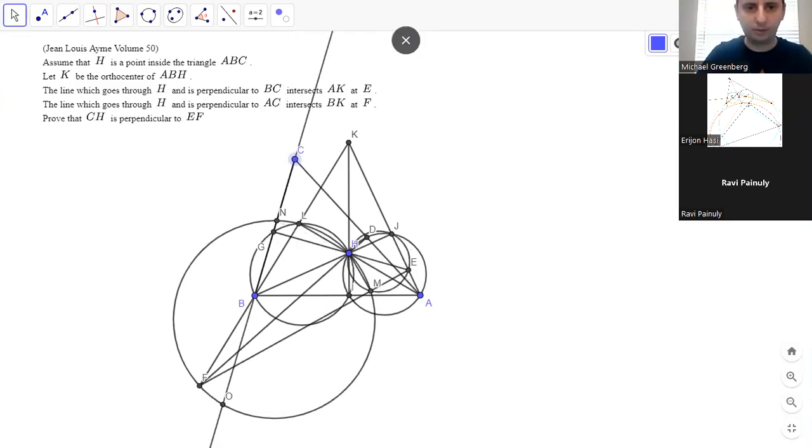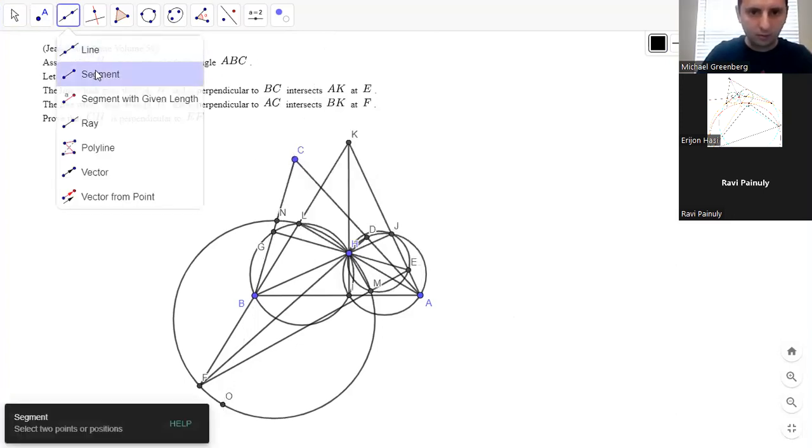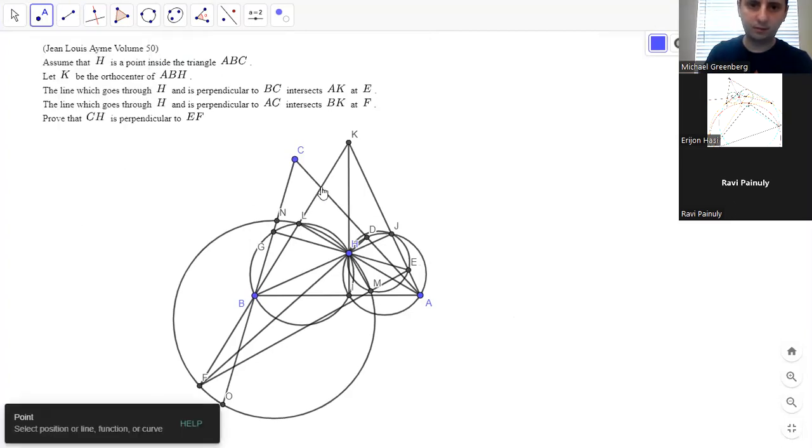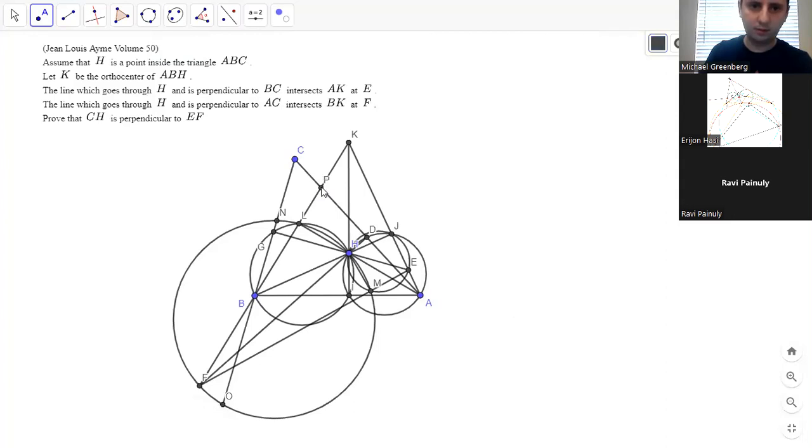First, let me read what you just said. So yeah, CA intersect BK is the orthocenter of AHF. And then this same, okay, so AHF.